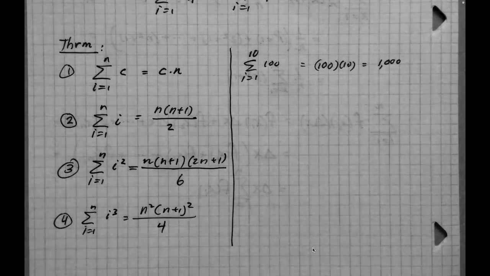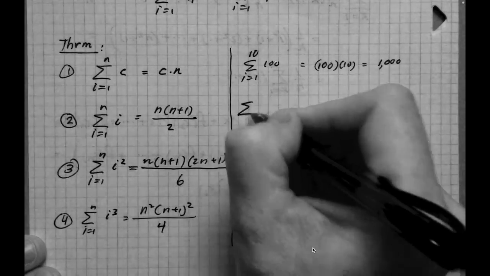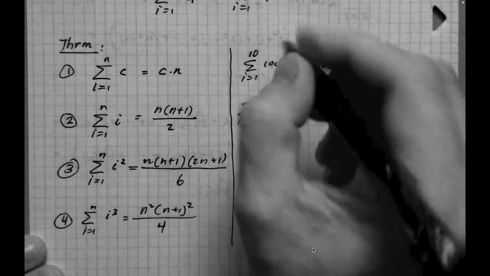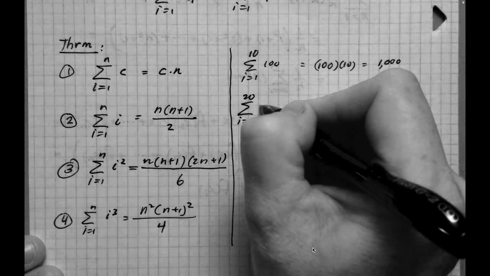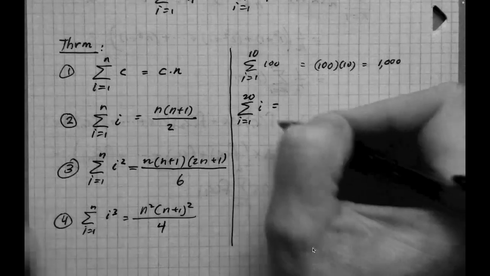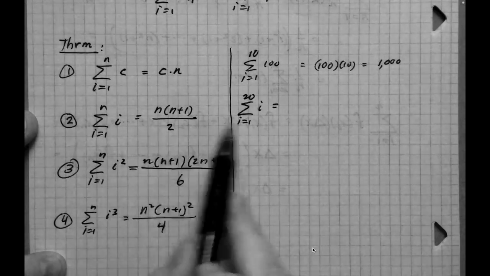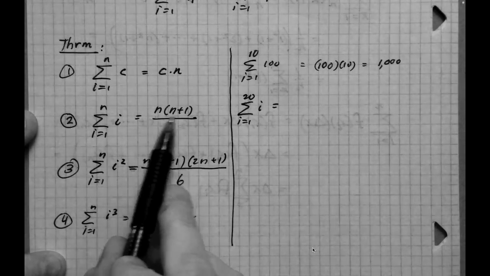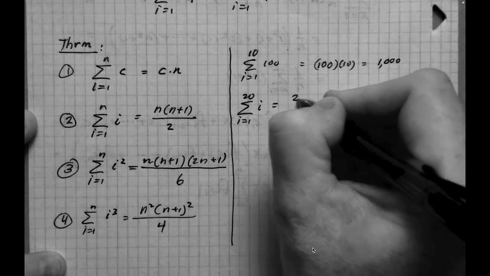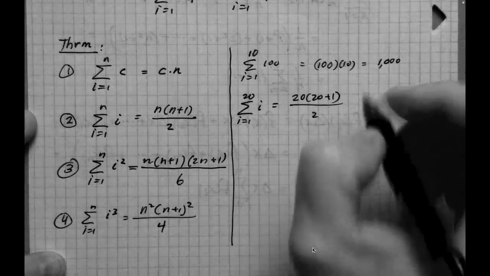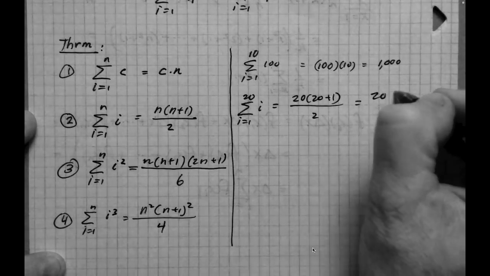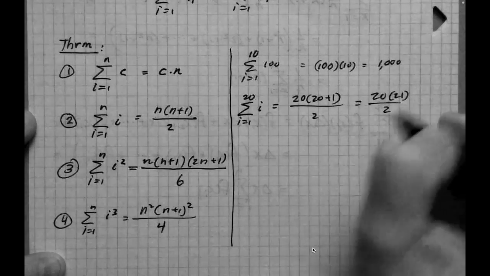What about, for an example here, i equals 1 to 20 of i. What this says is that it's equal to n times n plus 1, all divided by 2, where n is 20 in our example. So this would be 20 times 21 over 2.